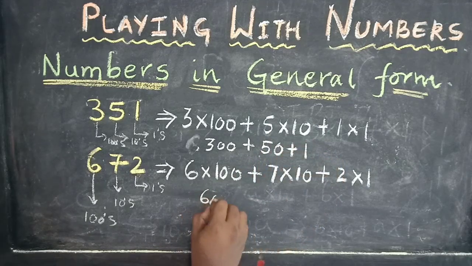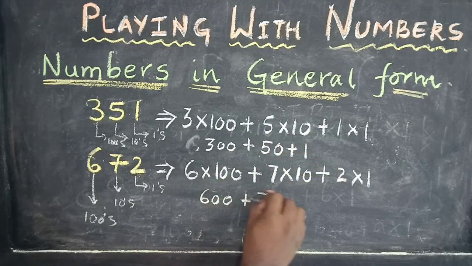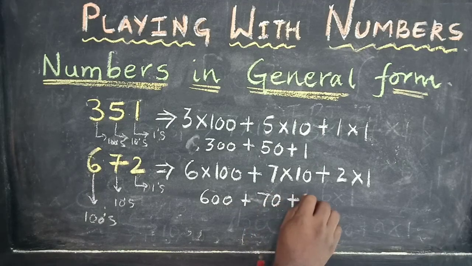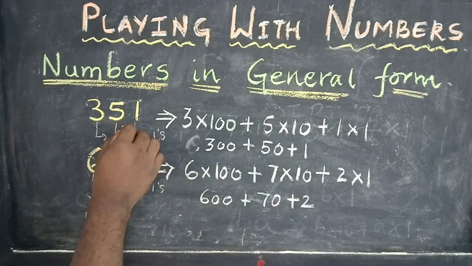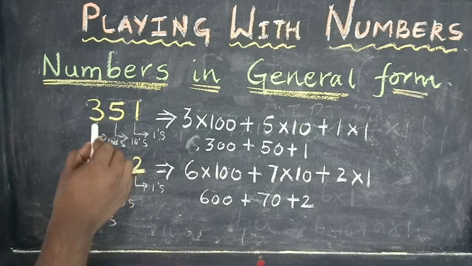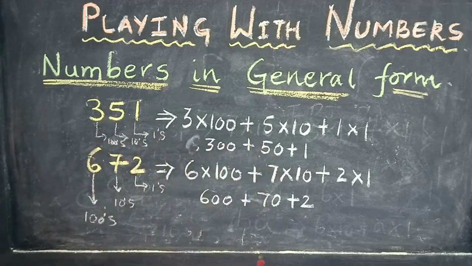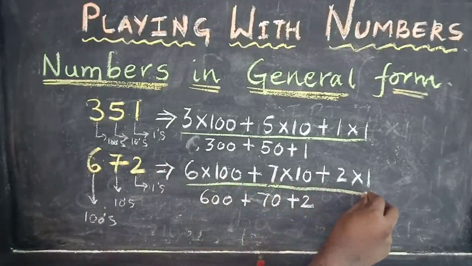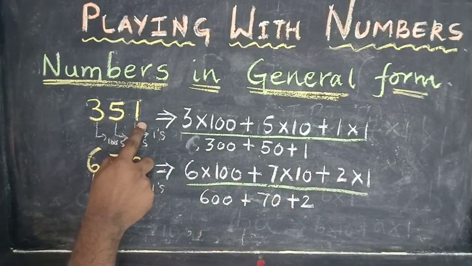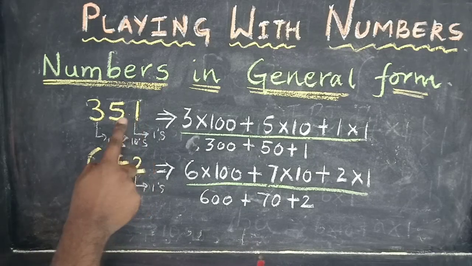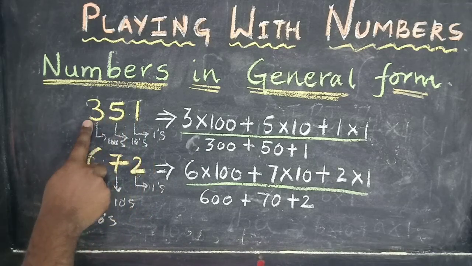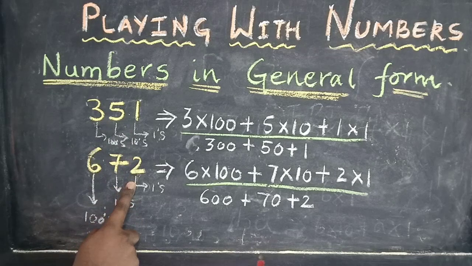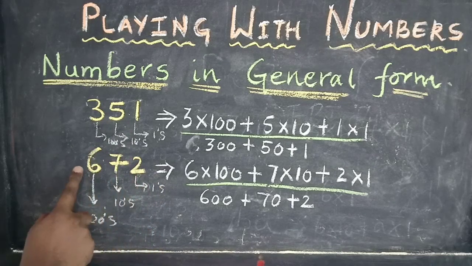The same way, 600 plus 70 plus 2. This is how you express a 3-digit number in general form. 351: 1 one, 5 tens, 3 hundreds. In this example, 2 ones, 7 tens and 6 hundreds.